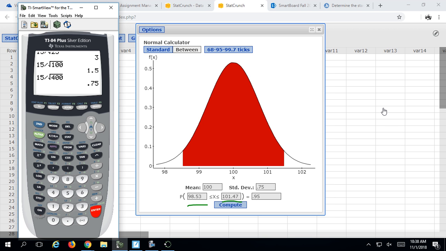So if I take a sample of 400 random people, and let's say that I don't know that the mean IQ is 100, and I'm trying to figure that out, I have a 95% chance that the sample mean that I get out of those 400, if I take the average IQ of all 400 of those people, will be between 98.5 and 101.5, right?